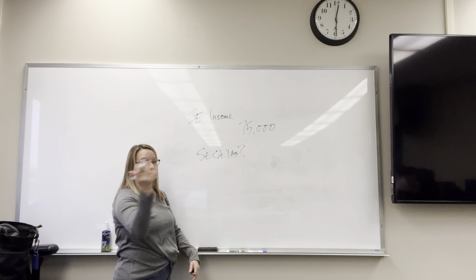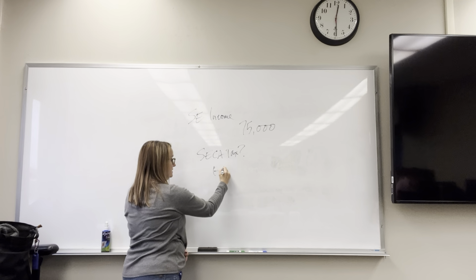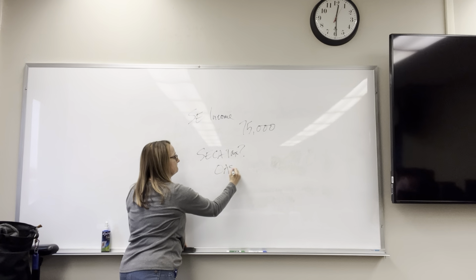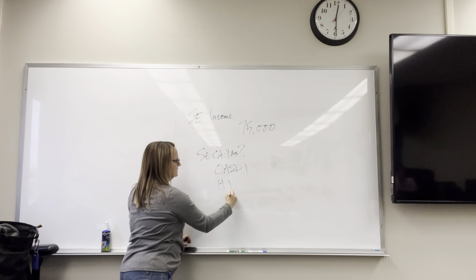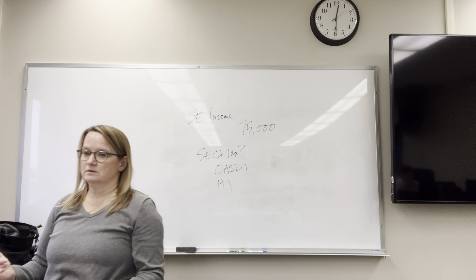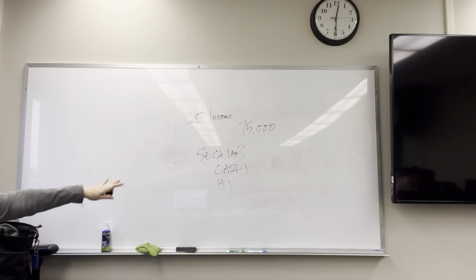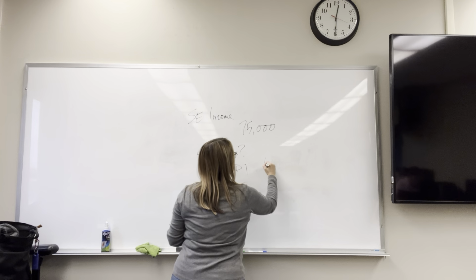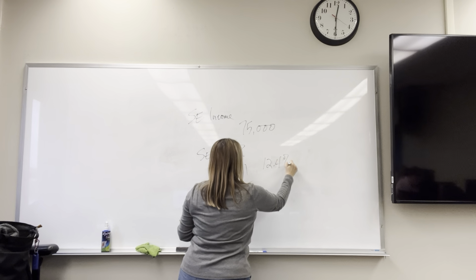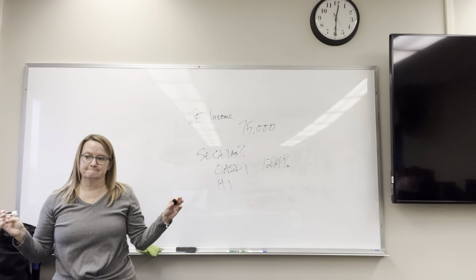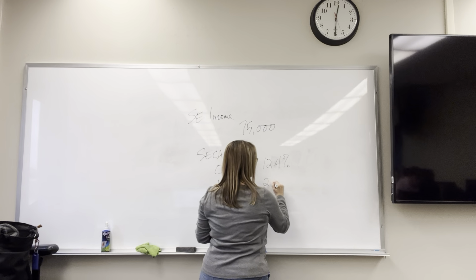Remember, SECA would be both Social Security, OASDI, and HI. So we need to know the tax rates under SECA. What's the tax rate for OASDI? 12.4%. And for Medicare tax or HI? 2.9%.